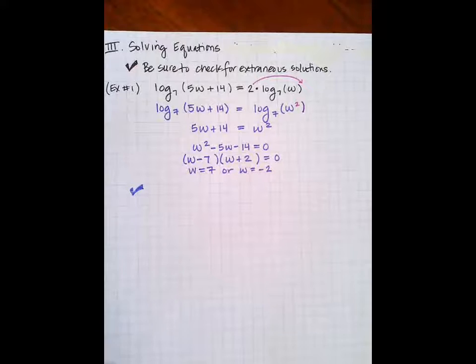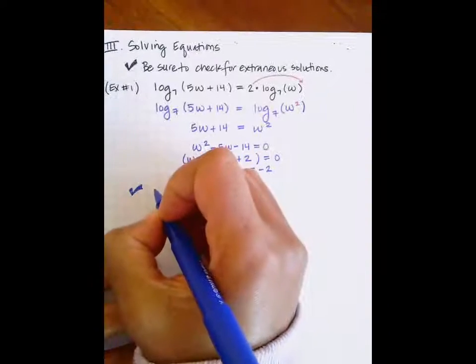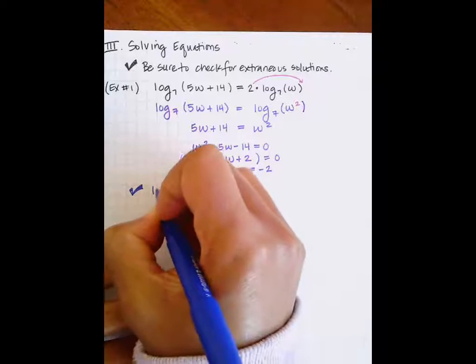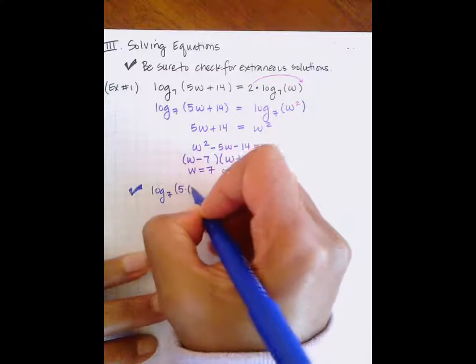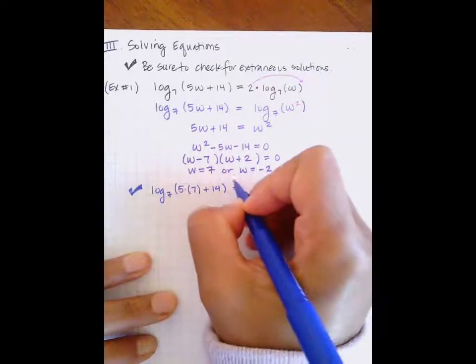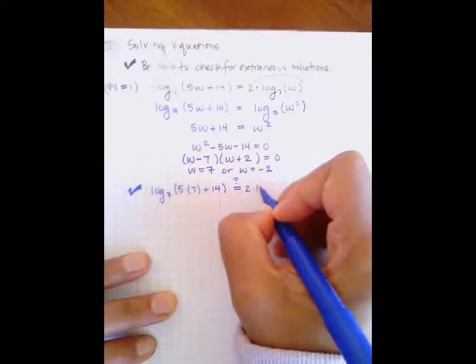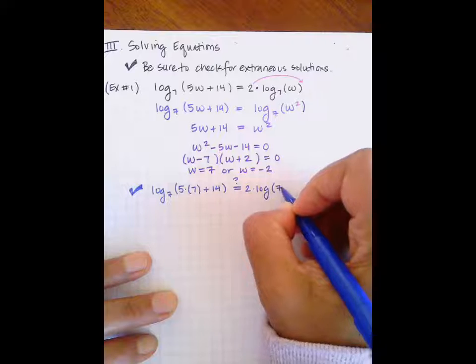So let's check the value of 7. In the original problem, we've got log base 7 of 5 times 7 plus 14, and we're wondering, does that really equal 2 times the log base 7 of 7?